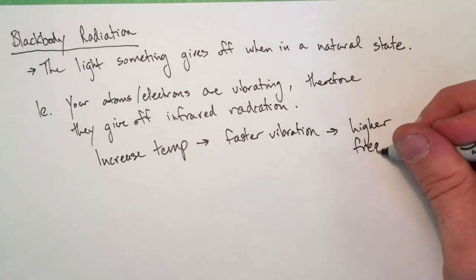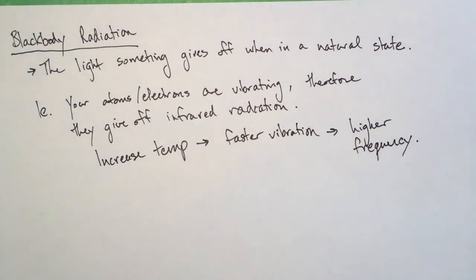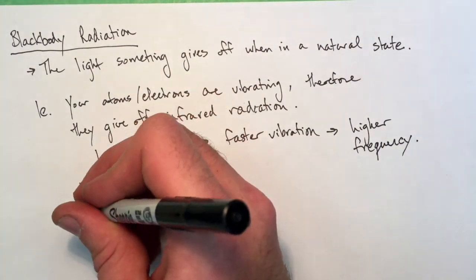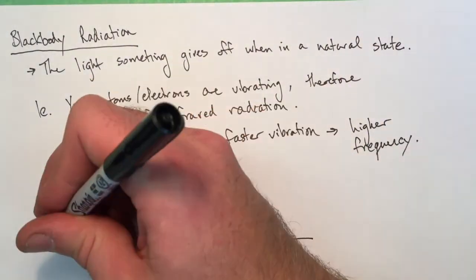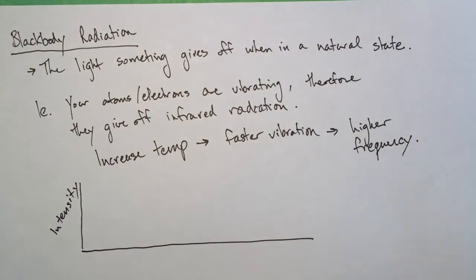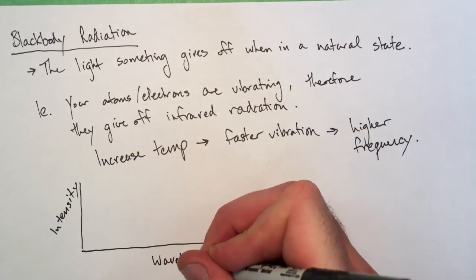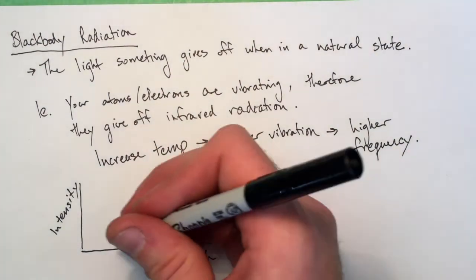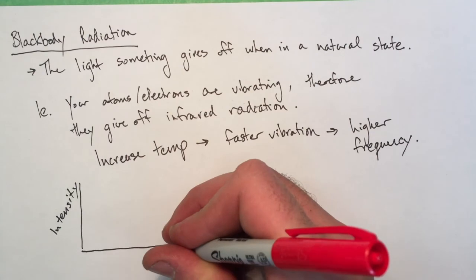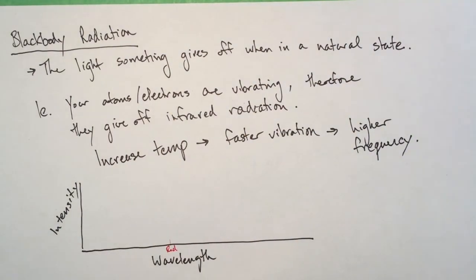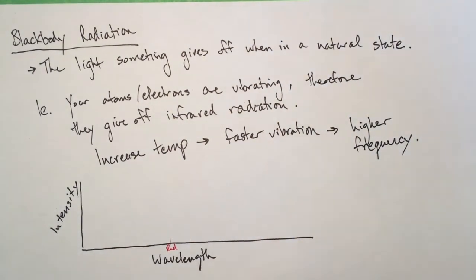We'd expect that if we increase our temperature, the particles should vibrate faster and therefore give off a higher frequency. If we choose a theoretical piece of metal and we warm it up, and we measure its intensity versus the wavelength it gives off, we notice something peculiar.